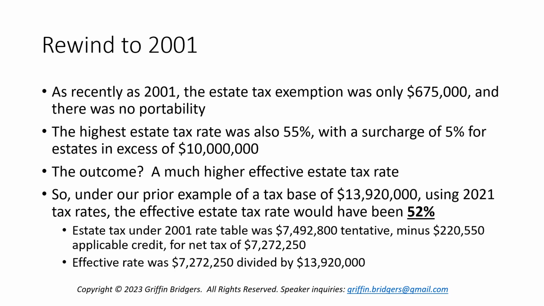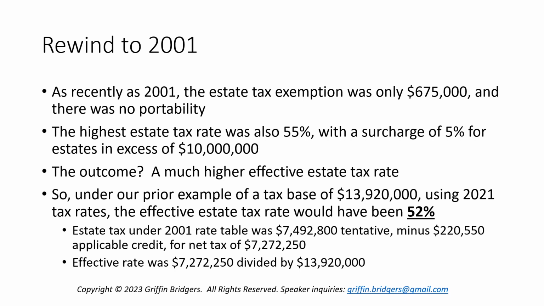Essentially, what we would have had is an estate tax under the 2001 rate table of $7,492,800 minus an applicable credit of $220,550, which was essentially the exclusion amount of $675,000 applied as a credit against estate tax. And that would have given us a net tax of $7,272,250, which when divided by $13,920,000 would have given us a 52% effective rate. So there's no way that ordinary income or capital gains could ever even approach that for stepped up basis assets.